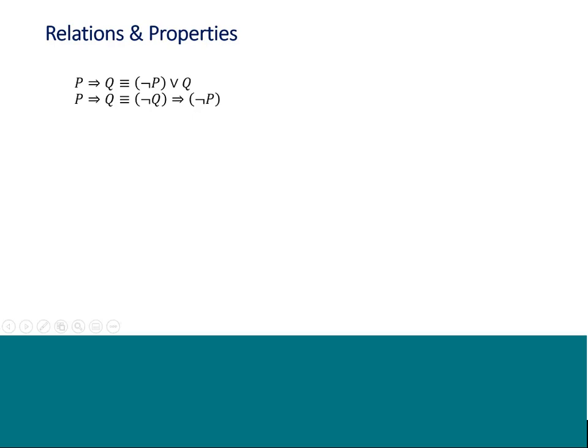The first one, though, is if you never actually want to remember the truth table for the implication symbol, you actually don't have to, because it turns out there's a way to rewrite implication with just an or symbol and a not. So if you don't like the implication truth table, that's okay. Every time you see an implication, just replace it with that expression of not the if statement or the then statement.